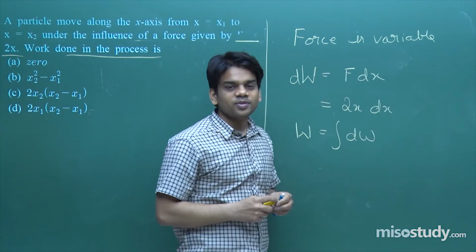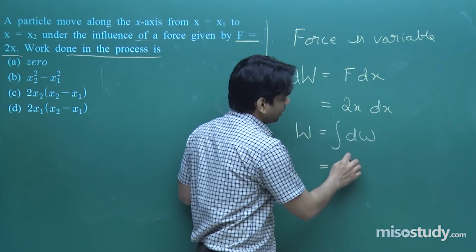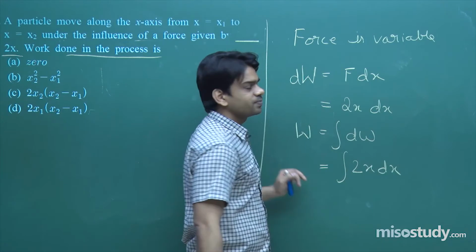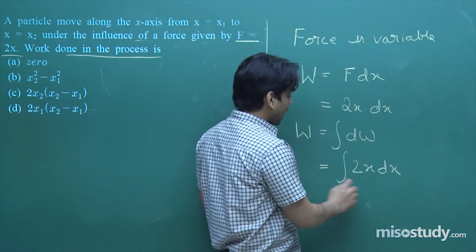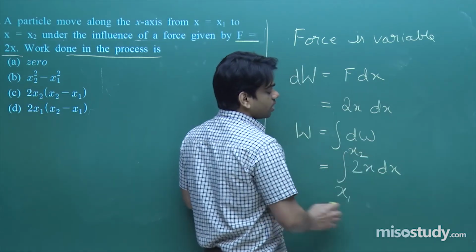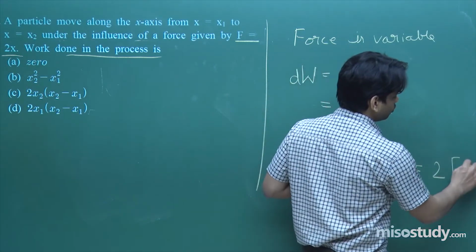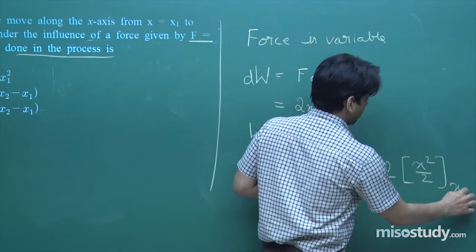Just integrate this. Total amount of work done will be integration of dW, which is integration of 2x dx. X integration will be x square by 2. And you have limits, you have to put x1 to x2. So this I may write as 2 x square by 2 from x1 to x2.